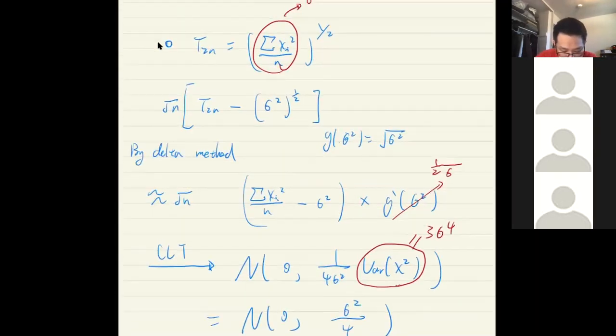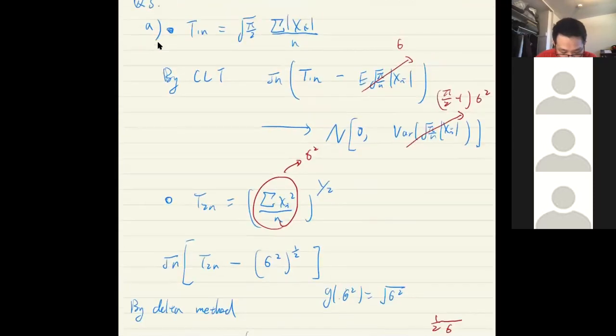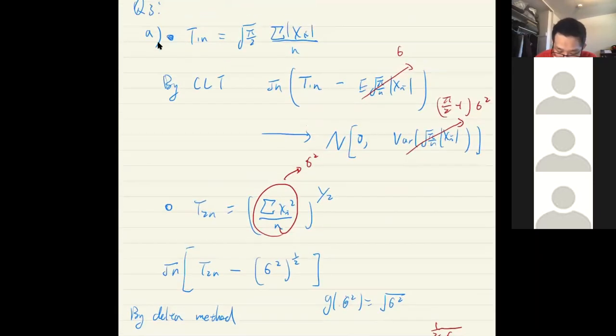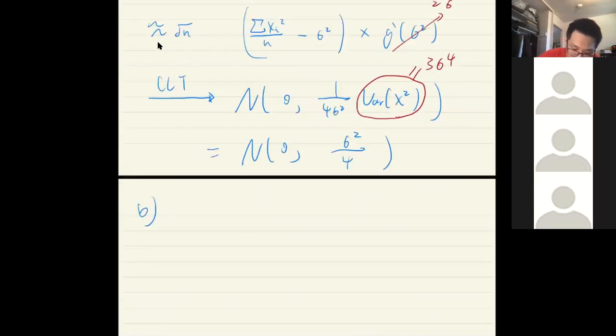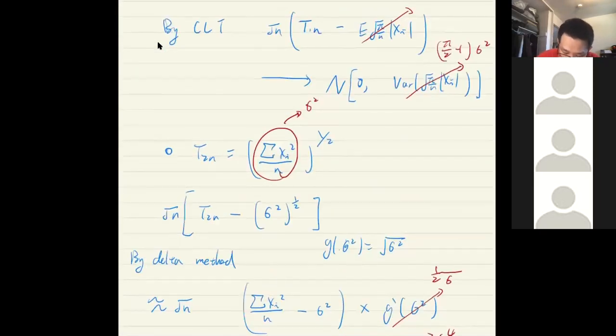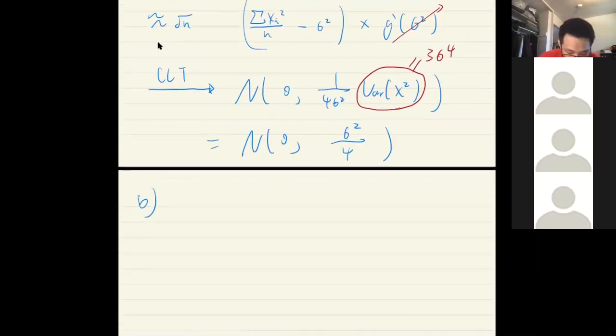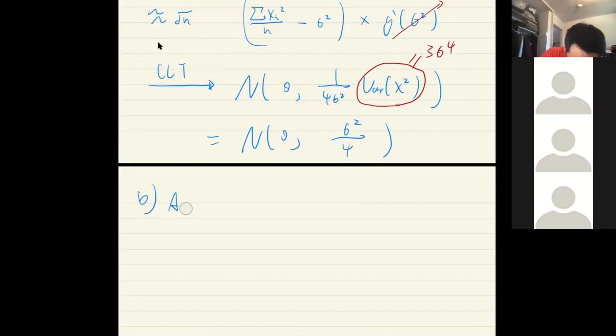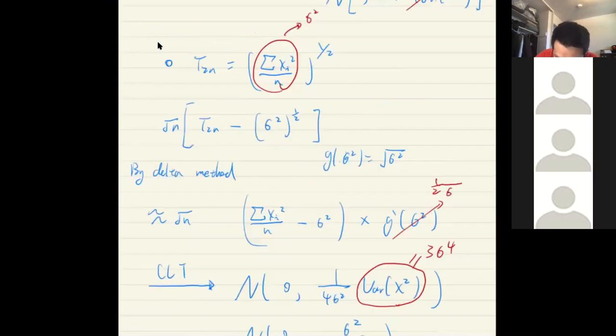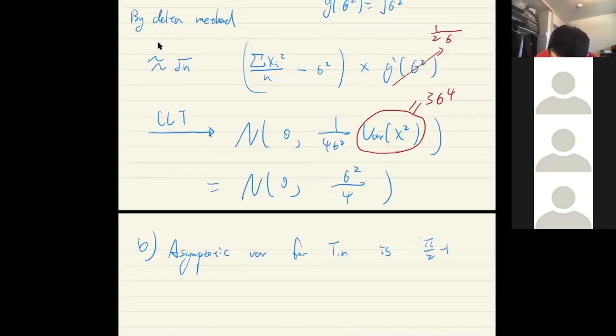So we have the asymptotic distribution for the two different estimators, so we can figure out which one is better. For T1 it is pi over 2 minus 1.